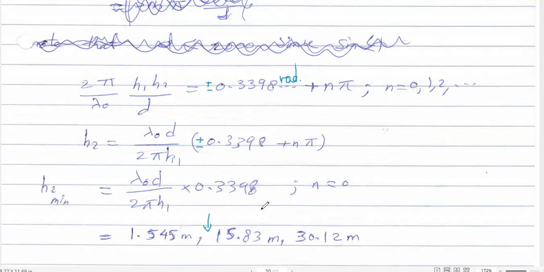The other value will be minus 0.34, approximately 0.3398, minus 0.34, plus pi, n is equal to 1 plus pi.